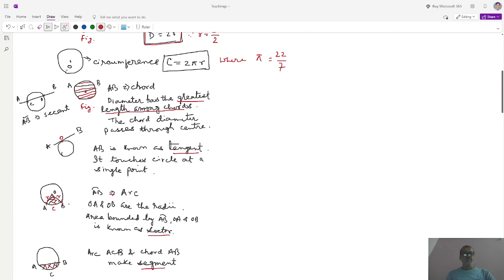If we join the two endpoints of the arc, A and B, to the center point of the circle O, then we will get OA and OB, and they are the radii of the circle, and the measure of these radii is equal to R.